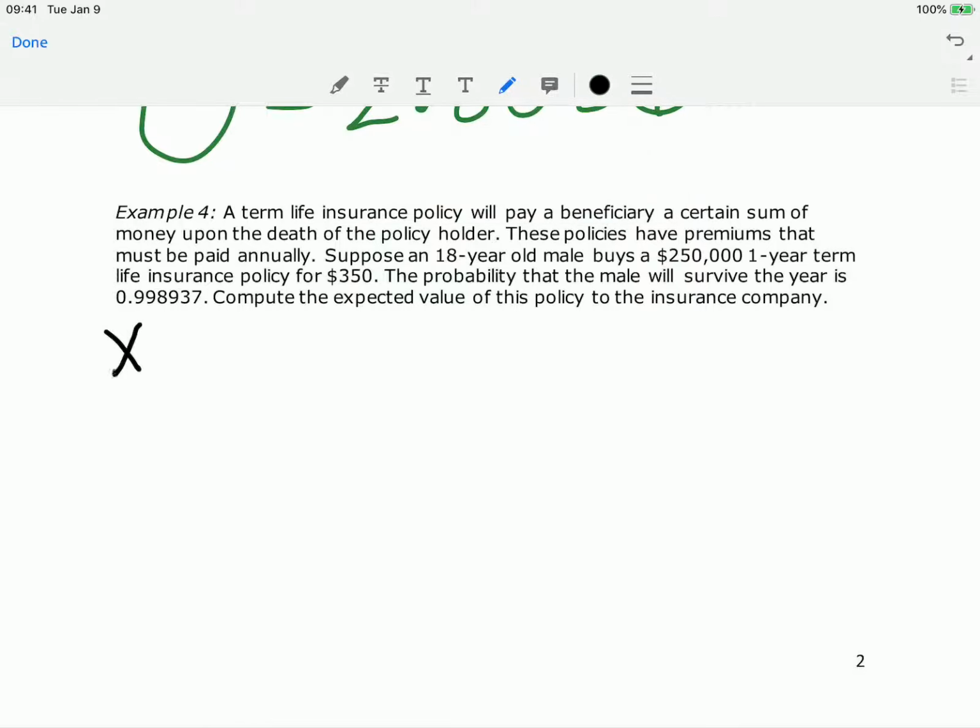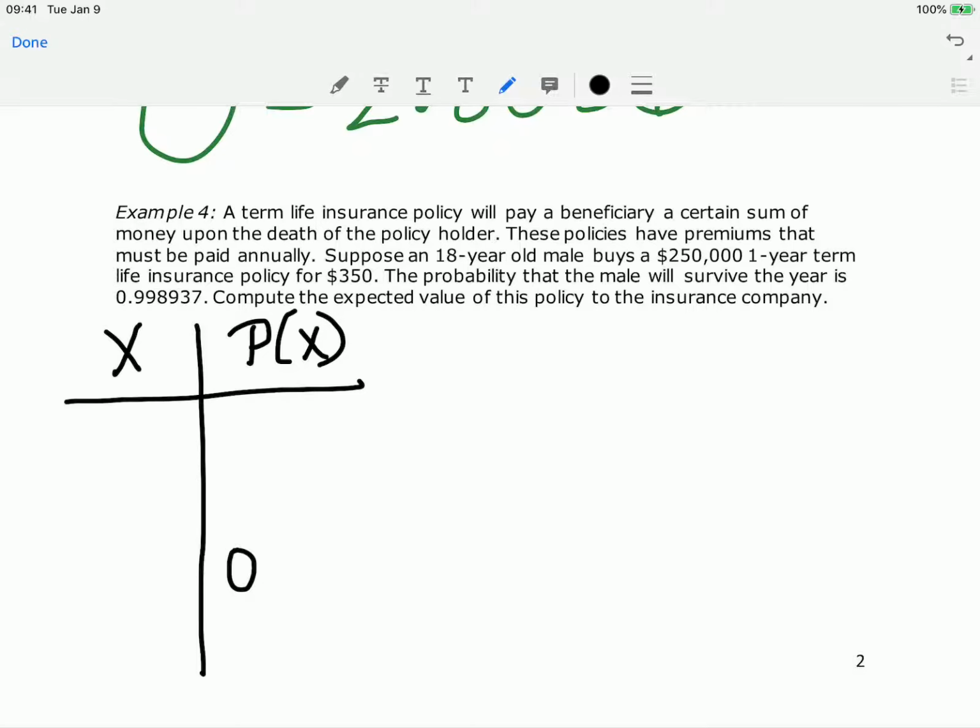We're going to do an X column and a P of X column, just like we had for the dice roll at the beginning. Now there are only two possible outcomes for this 18-year-old male. He could live or he could die. We can use the complement rule to find the probabilities.